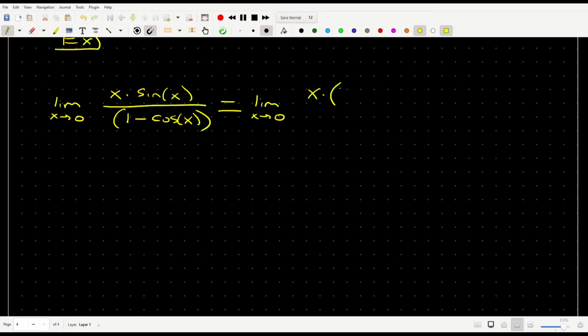So the sine of x Taylor series is going to be x minus x cubed over 3 factorial plus x to the 5th over 5 factorial minus x to the 7th over 7 factorial, and so on and so forth.